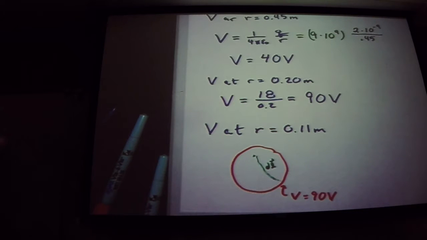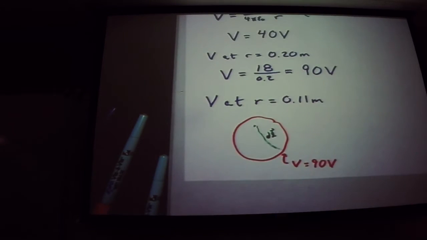Any conductor, if the charges are allowed to move and rest, what's the electric field in there? 0. The electric field is 0 inside the conductor.